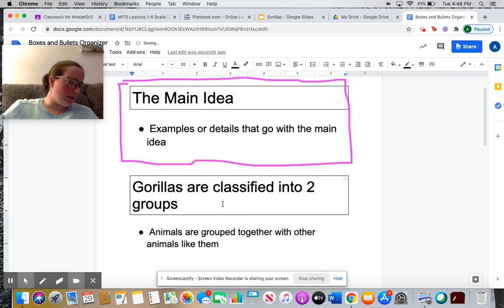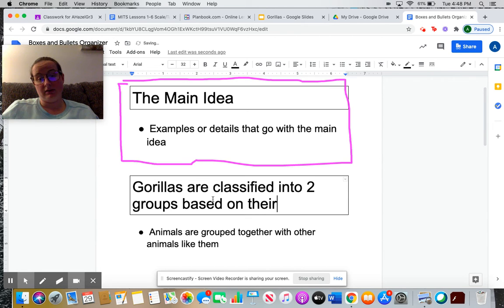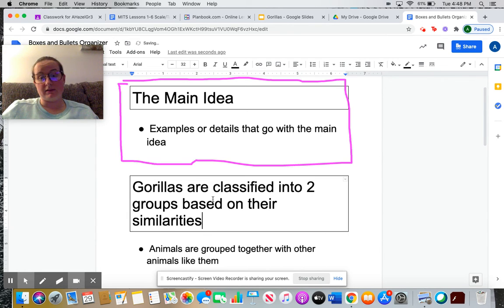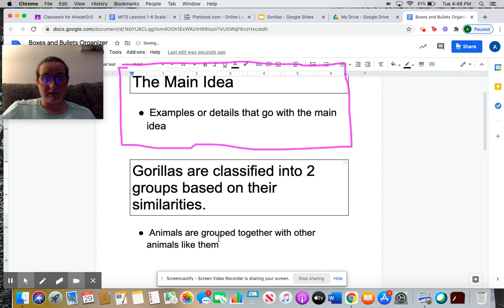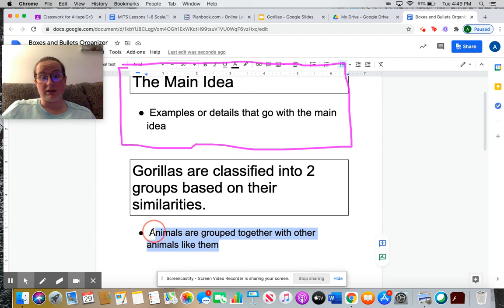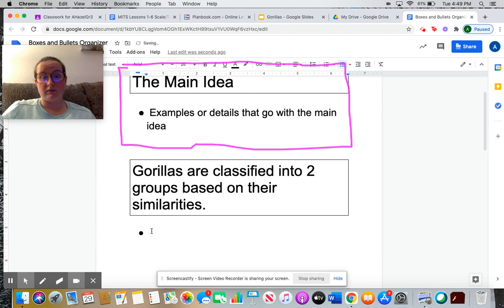Yeah, so I'm going to add that gorillas are classified into two groups based on their similarities, right? That's a fancy way of saying animals like them, okay? So we can actually get rid of this bullet, but we need some other bullets.